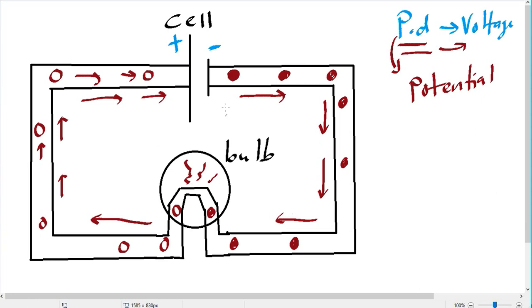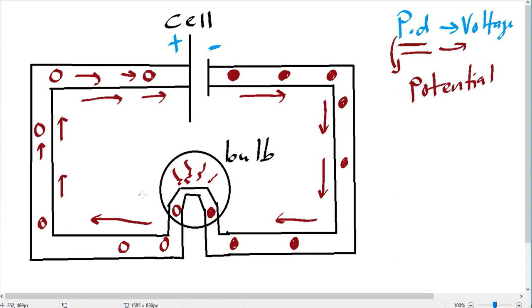Now you've noticed that I've drawn the charge dark red, and then as soon as it leaves the bulb, I've drawn it hollow or not fully colored. This shows you that it is actually losing something inside the bulb, because the bulb is gaining energy from the charge, and the charge is losing that energy to the bulb.